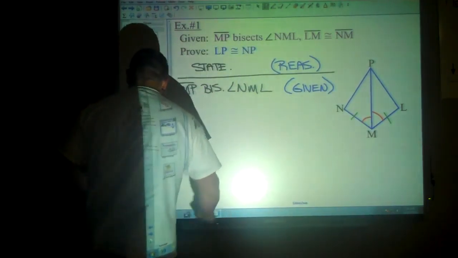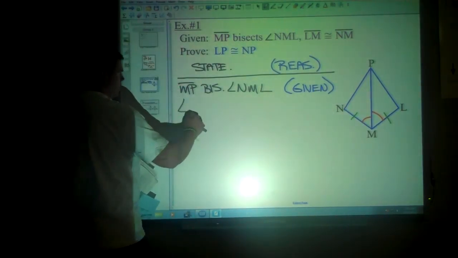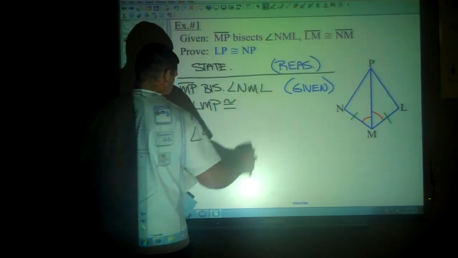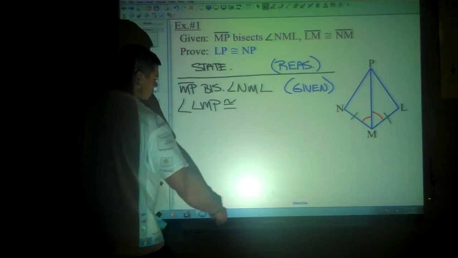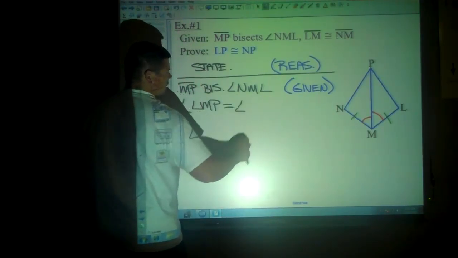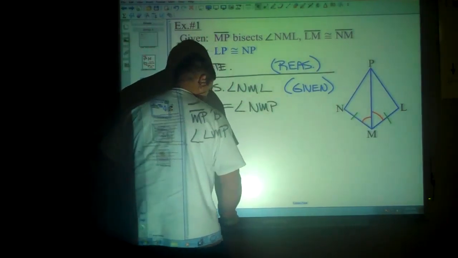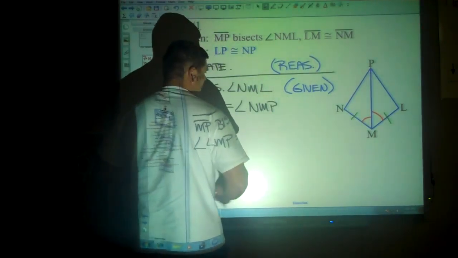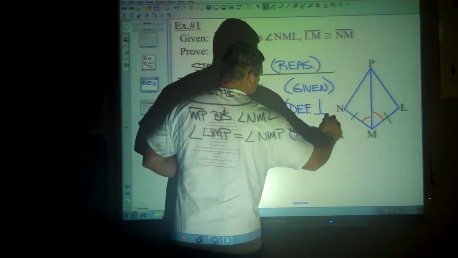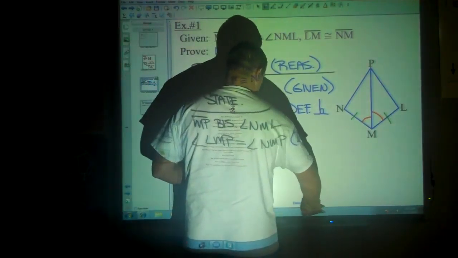Next we have that angle LMP is going to be congruent, or equal, I should say. It's going to be equal to angle NMP. And the reason we know that is we're dealing with the definition of an angle bisector.